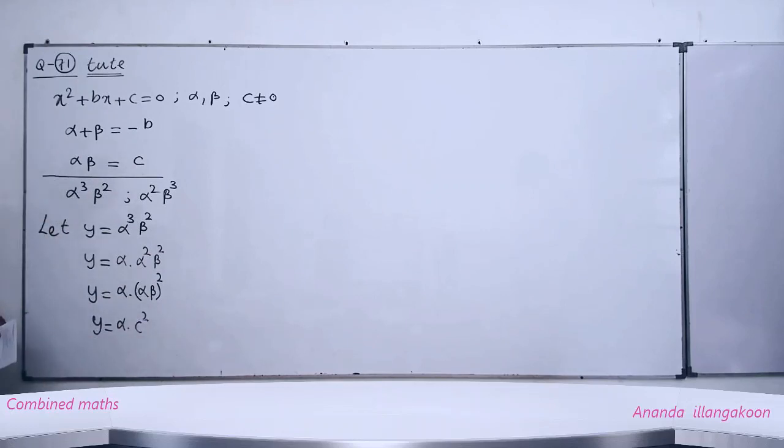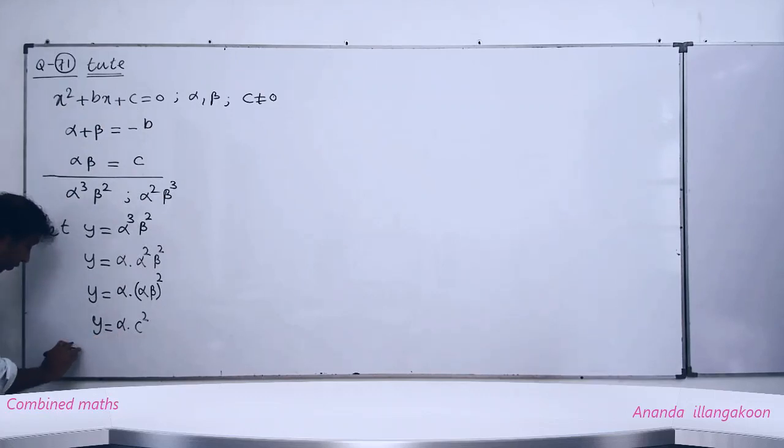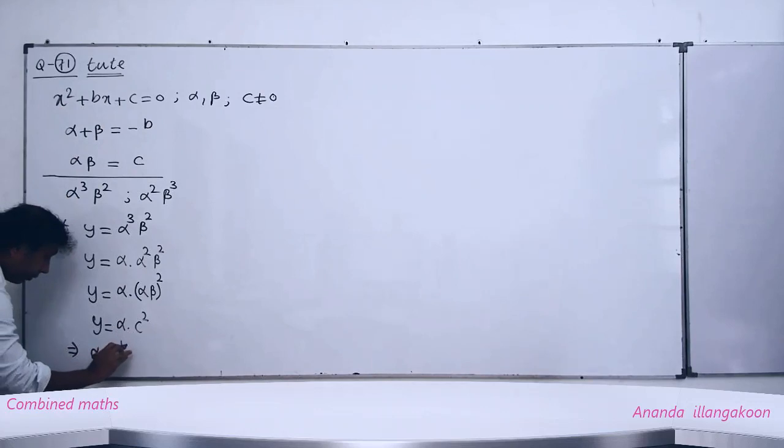Now in terms of y, I have to make alpha the subject, because alpha is a root of the given equation. Once you bring this c squared to the left hand side denominator, y divided by c squared equals alpha. That gives us alpha is equal to y divided by c squared.